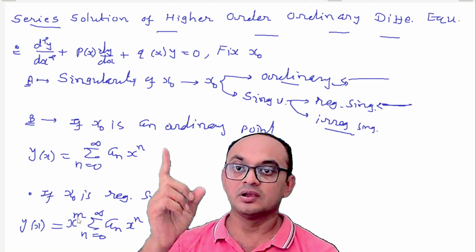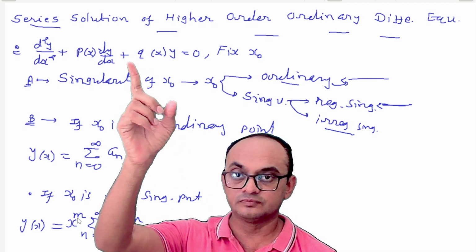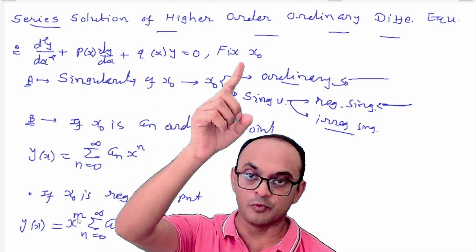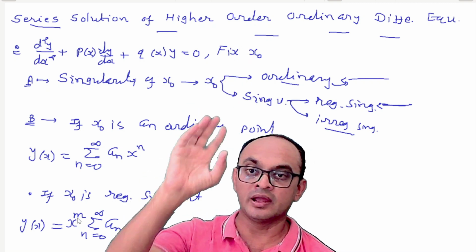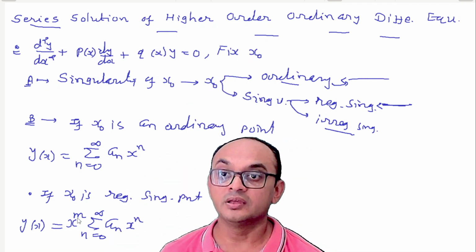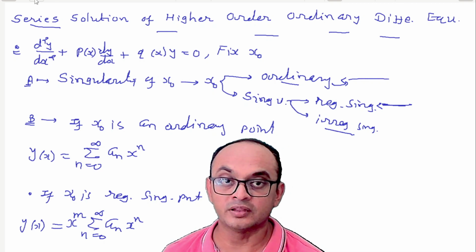Again I repeat, we have given the differential equation. We fix one point x0 and the solution is always at this point x0. Yes, I need to make a change.